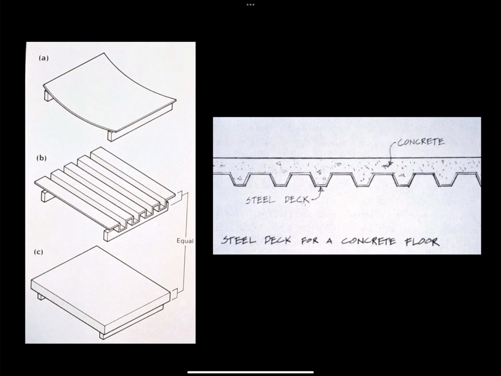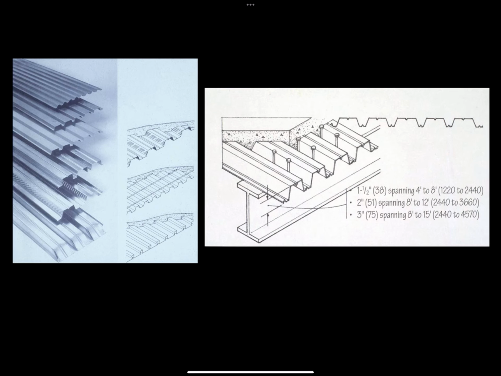So those of you who are drawing the Conibear shell house, this is the floor system that you have in the building. And so here you see a steel beam. You see the corrugated steel deck sitting on top of the beam.